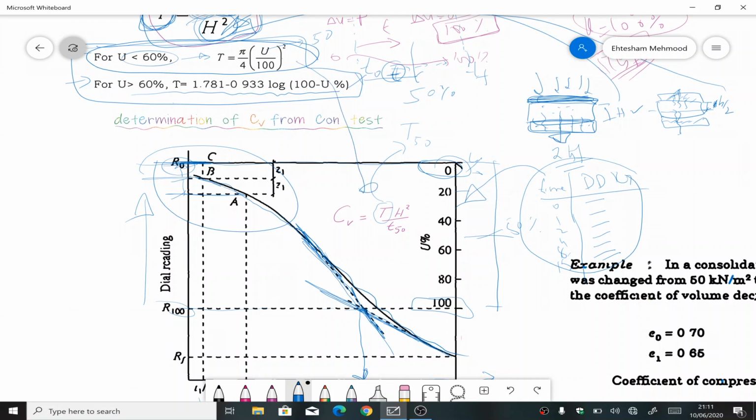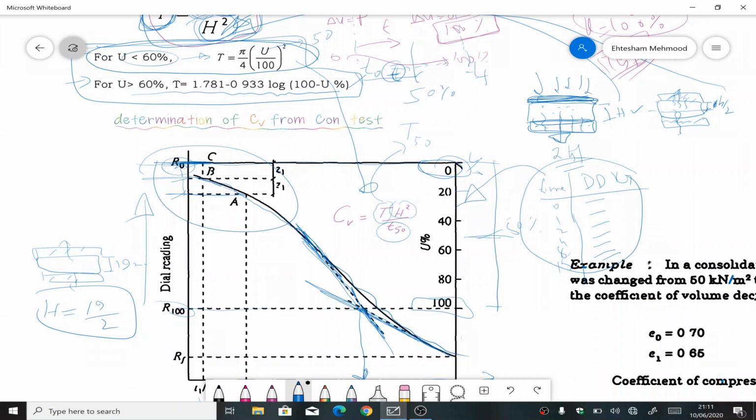Now H squared. Because we are doing a consolidation test, and if you remember from the figure, we had porous stones on the top and on the bottom, and the height of the sample was 19 millimeters. Because it has drainage in both directions, the drainage path H would be 19 divided by 2. I'll plug that value here and square it, and t50 is the time for 50% consolidation.